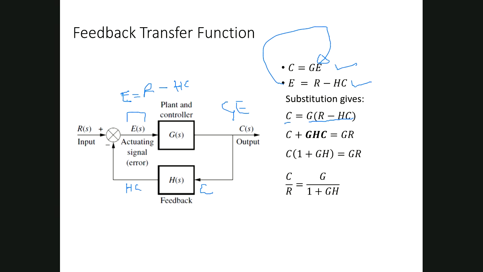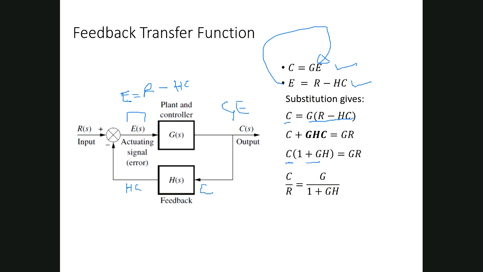Then we can expand it and collect like terms. So C is G times R minus GHC, which we can move to that side. C is common to them: C times (1 plus GH) is equal to G times R.